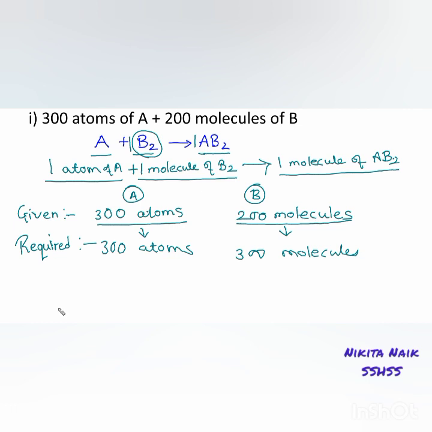So the required amount is 300 atoms of A and 300 molecules of B. But in the given amount, only 200 molecules of B are given to us. So the given quantity is less than the required quantity, so B will get consumed first. So B will be the limiting reagent. So this is about our first part.